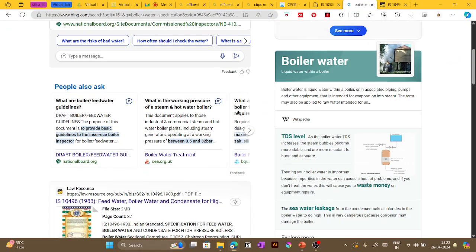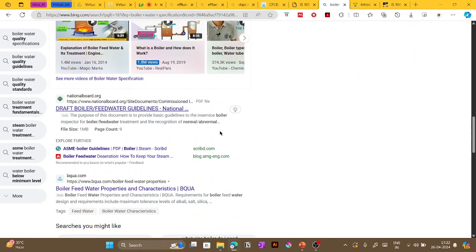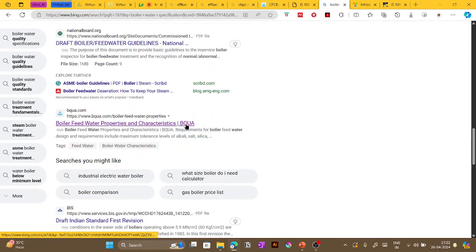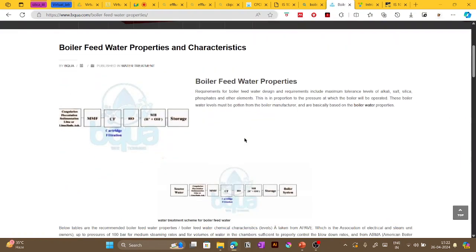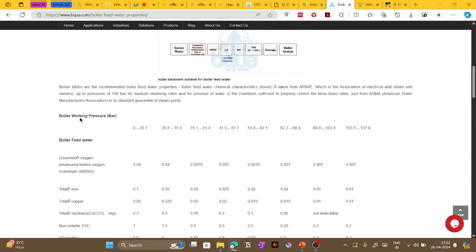If you go somewhere else also, boiler water, not this one. And depending upon what pressure and temperature our boiler operates at, you will get different quantities also, like boiler working pressure.